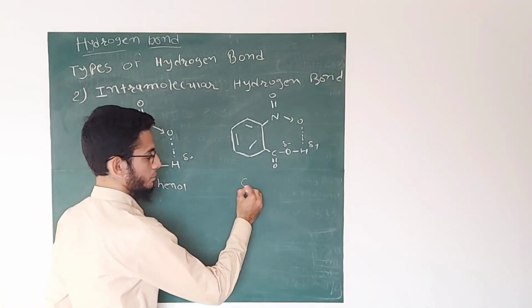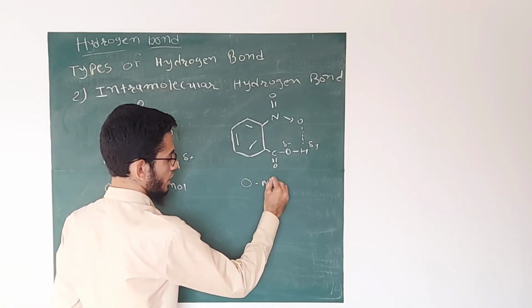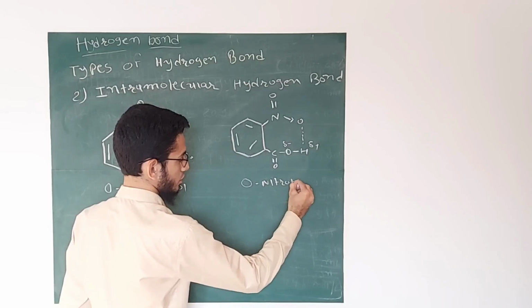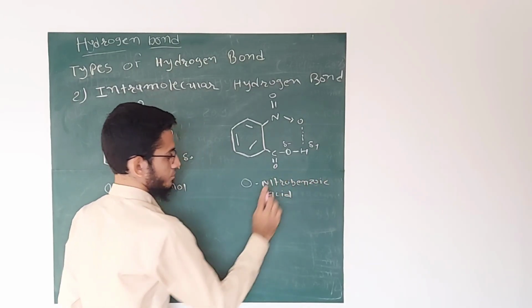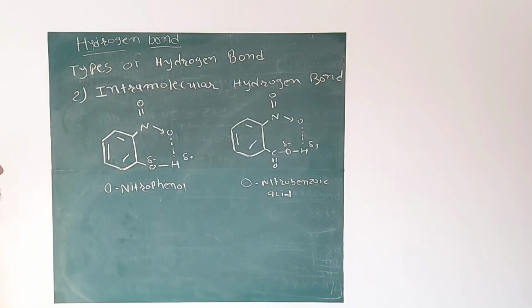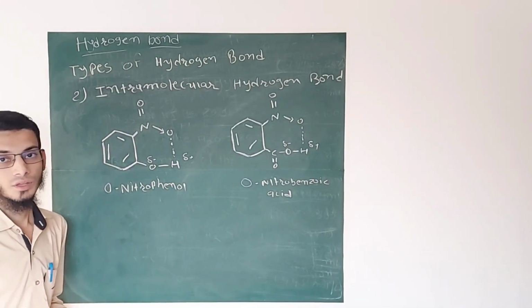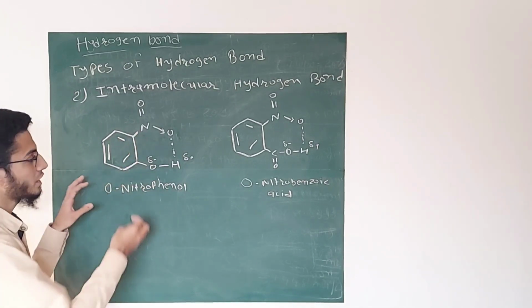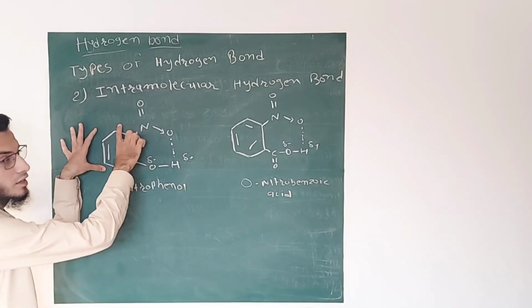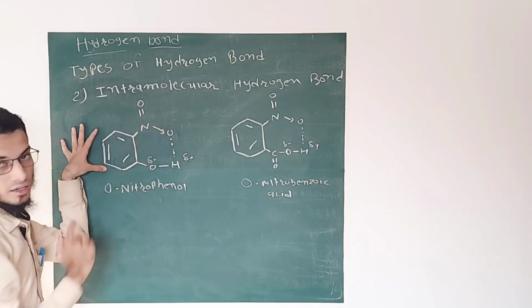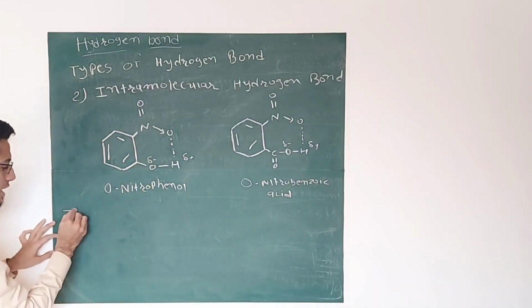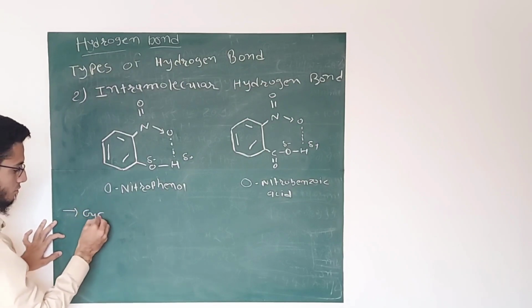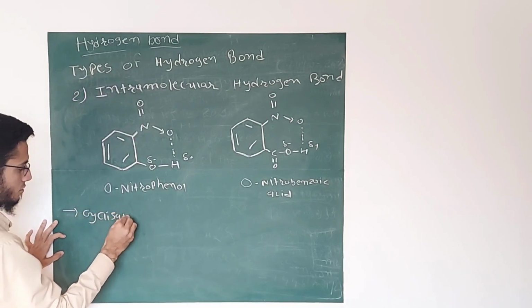So the example is orthonitrobenzoic acid. But here there is no association. There will be cyclization. You know that this is the cycle and this is another cycle. Why? Due to this intramolecular hydrogen bond. So there will be cyclization.